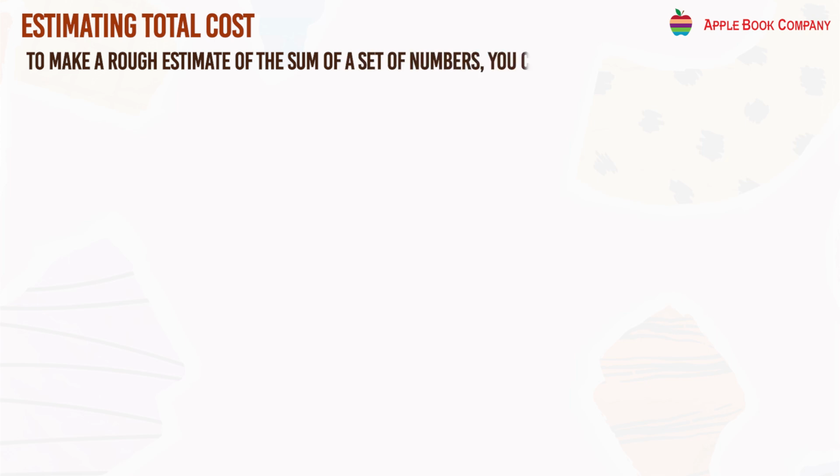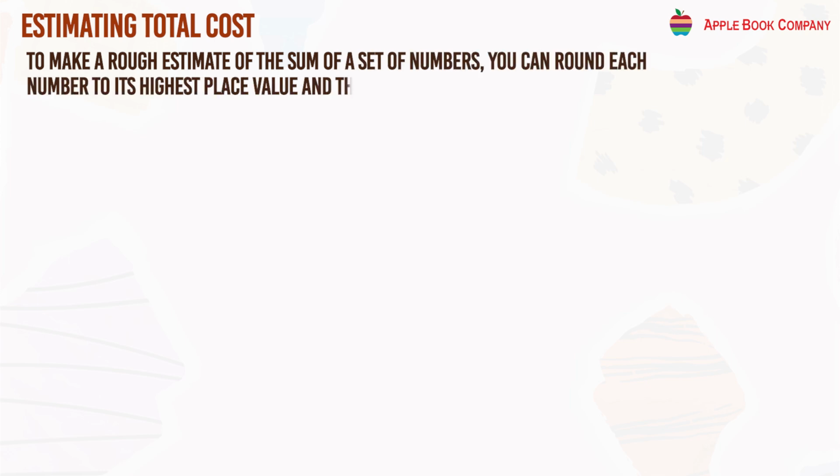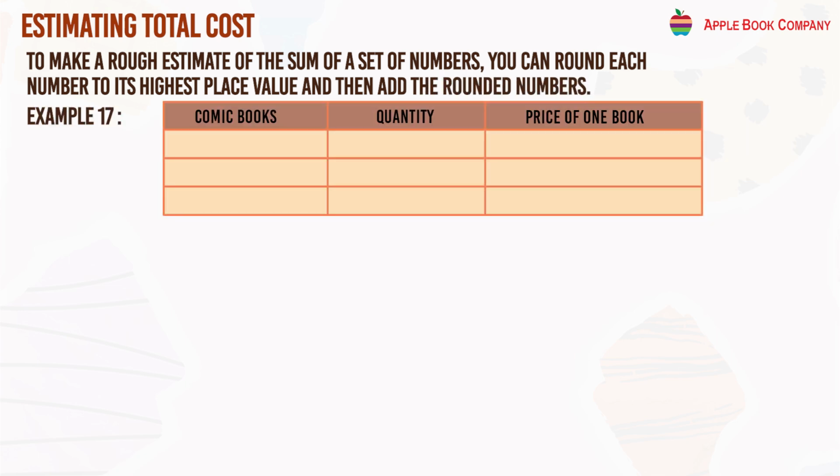Estimating total cost. To make a rough estimate of the sum of a set of numbers, you can round each number to its highest place value and then add the rounded numbers. Example 17. 2 friends went to a store to buy the following comic books. Harry Potter, quantity 2, price of 1 book, rupees 220.50.